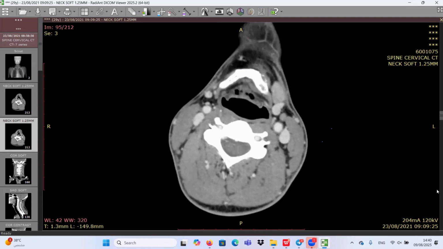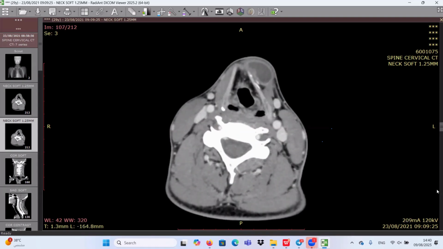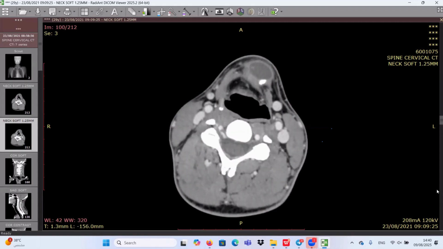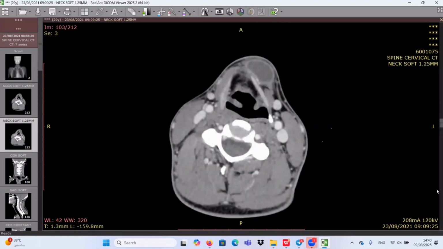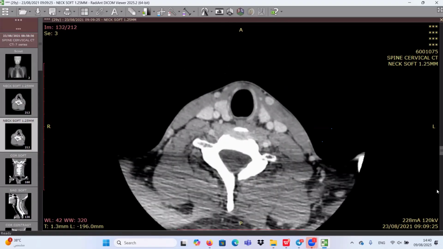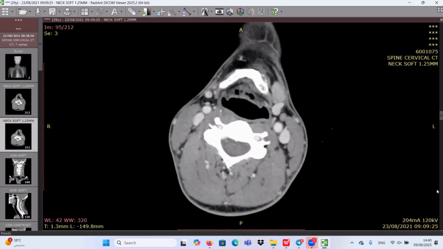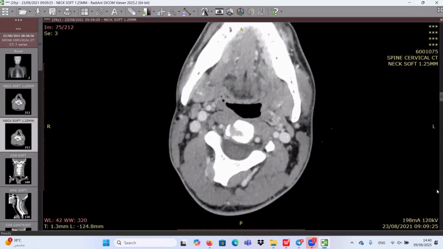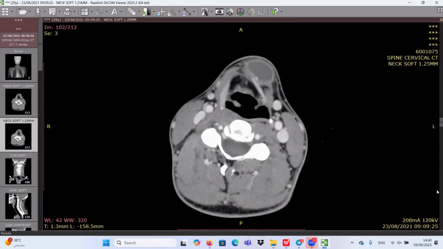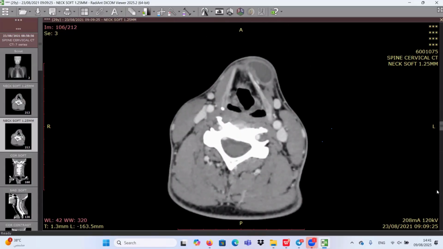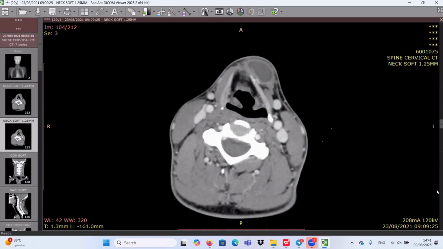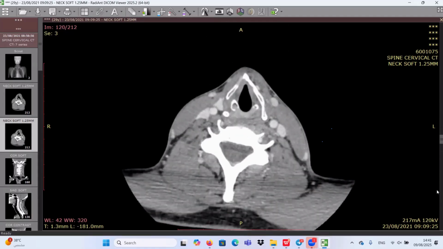The second differential diagnosis in this case, as you said, is a cystic necrotic lymph node. You should scroll all the images and search for any primary malignant tumors. We don't have any other lymph nodes or masses. Also, a thyroglossal cyst appears along the course of the thyroglossal duct from the foramen cecum till the thyroid gland.